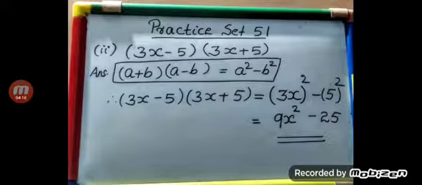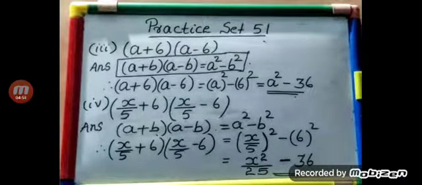In place of a, here it is 3x, so a square is (3x) the whole square, minus, in place of b, here it is 5, that is 5 square. (3x) the whole square is 3 square into x square, which is 9x square, minus 5 square is 25. So our answer is 9x square minus 25.